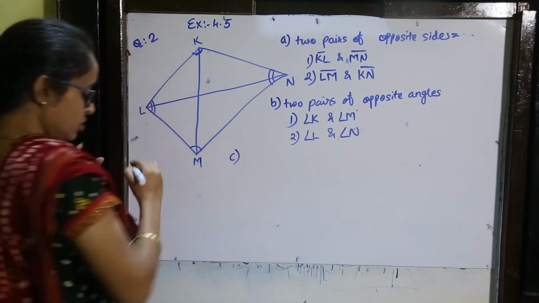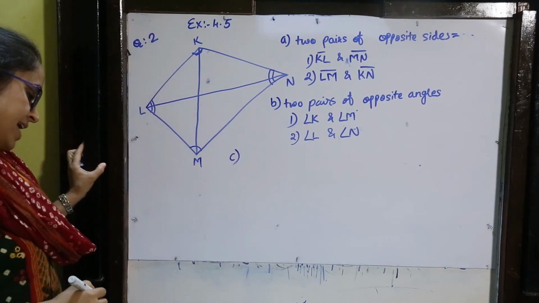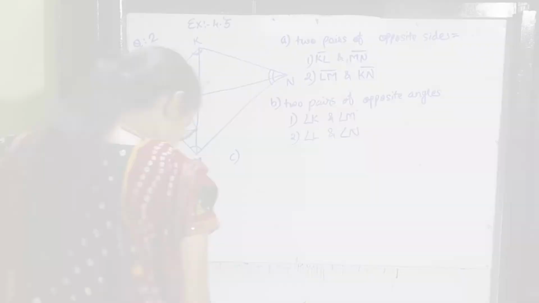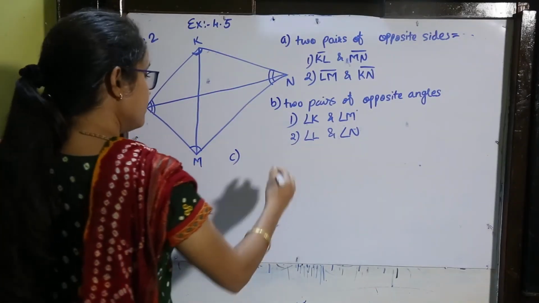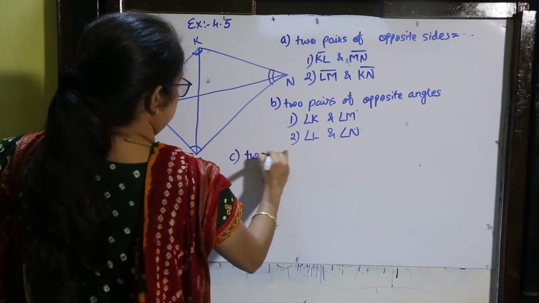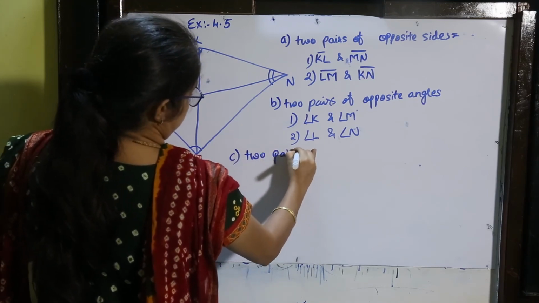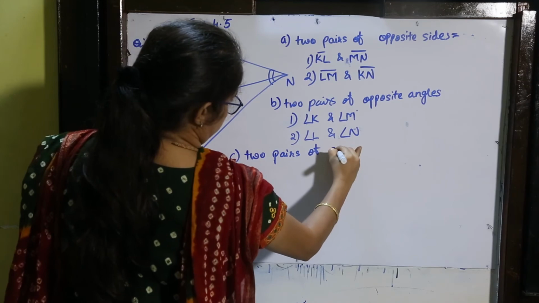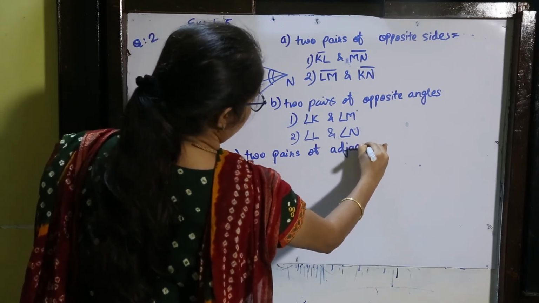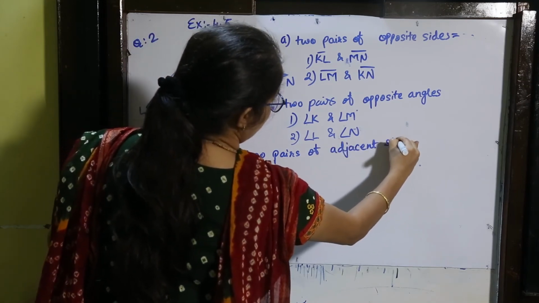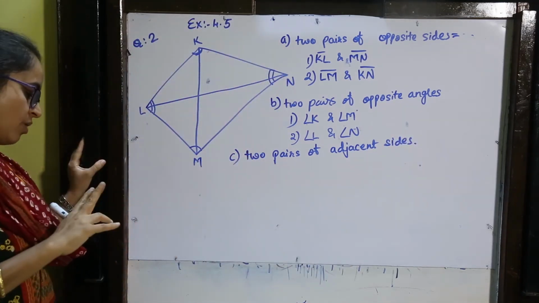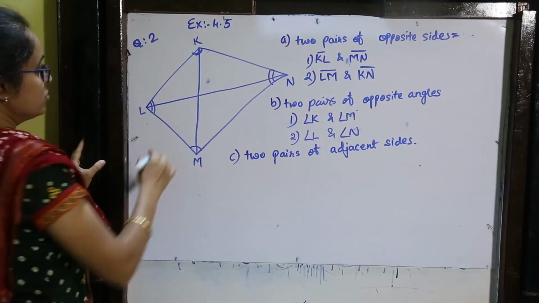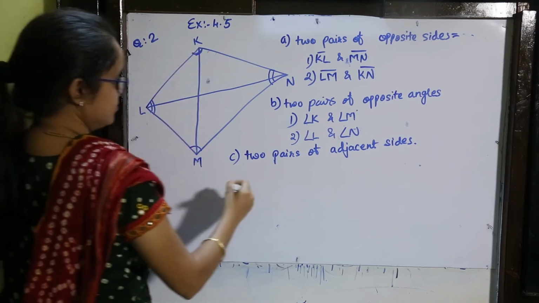Now we'll move on to two pairs of adjacent sides. You have to write only two pairs. So I am writing only two pairs. Actually we have four pairs, but we have to write only two here.